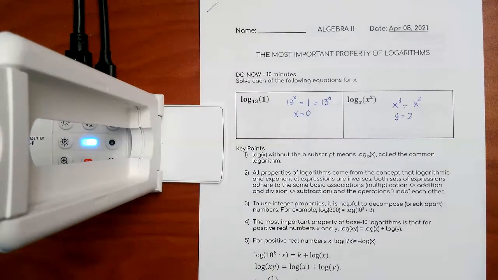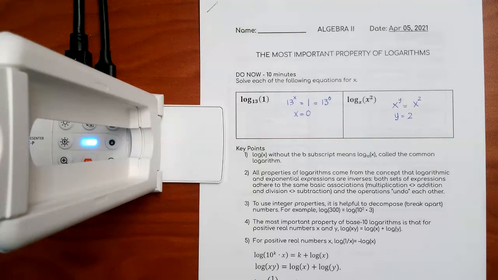The third property is to use integer properties. It is helpful to decompose or break apart numbers. For example, log of 300 can also be expressed as log of 100 times 3, and then you can find out the value for log of 300.